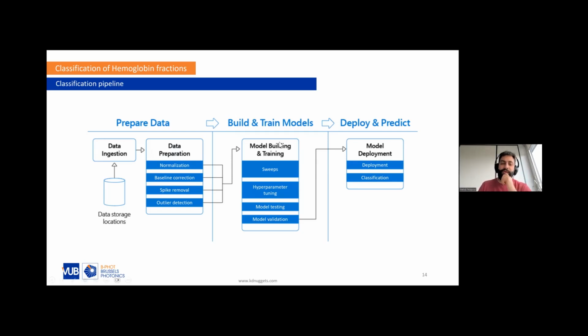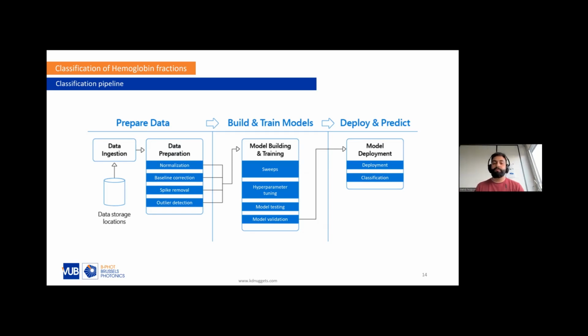And then when your spectra are ready, when your data set is ready, then you're ready to actually go to a classification model. Now, in this step that we want to work with a classification model, in this case and in this paper, MLP, multi-layered perceptron, or SVM, support vector machine. They have certain parameters that we need to sweep. They have certain hyperparameters that we need to tune, and then we need to validate and test them.